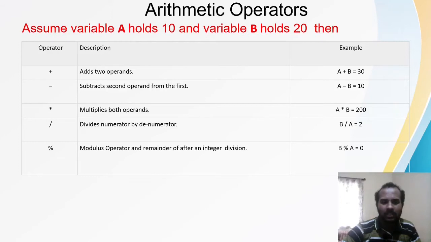Only the modulus operation cannot be performed on real or mixed mode arithmetic, and every other operator can be used in real and mixed mode arithmetic. While coming to integer arithmetic, every operator can be used.